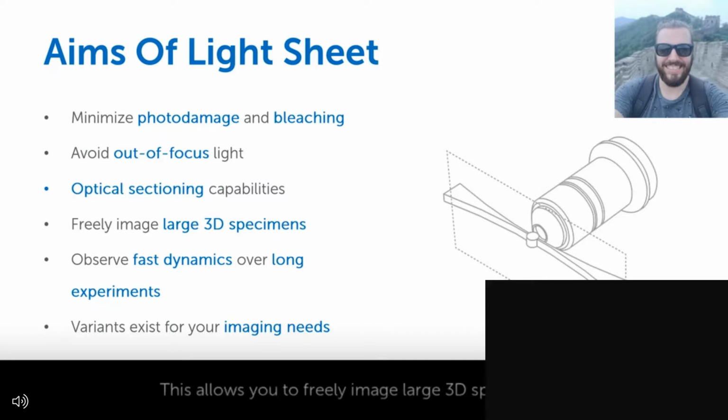This allows you to freely image large 3D specimens. You can also do this at very high speeds, so you can observe very fast dynamic events, and you can image them over the long term, thanks to the minimized photo damage. And due to the open nature of light sheet, there are many different variants that exist and can be modified specifically for your imaging needs.